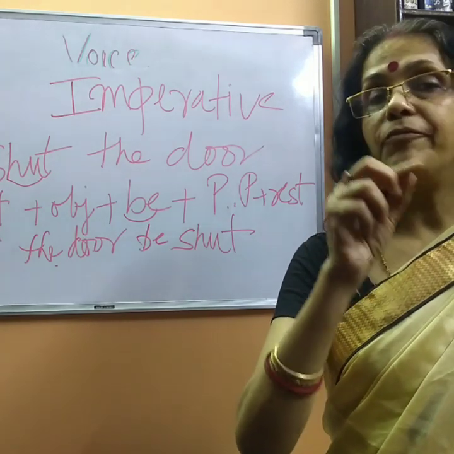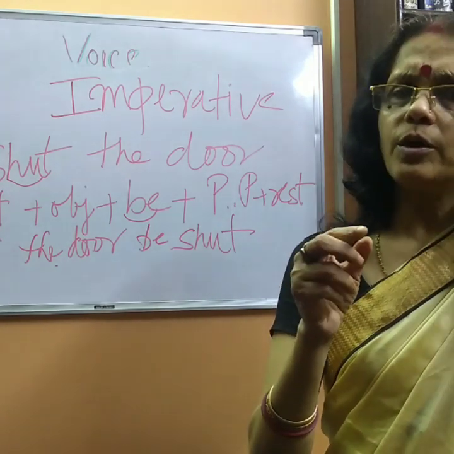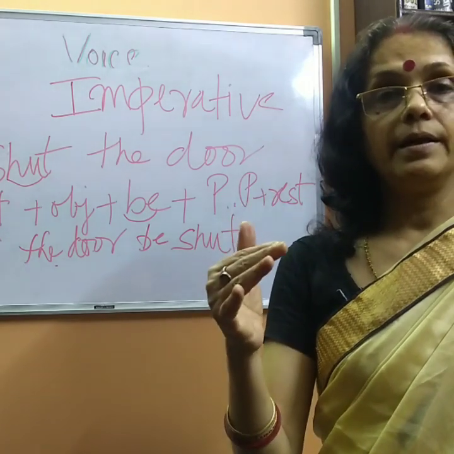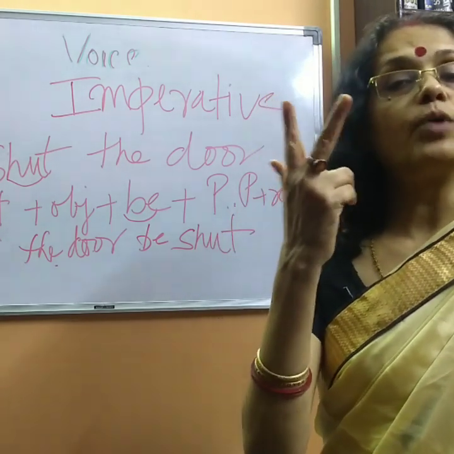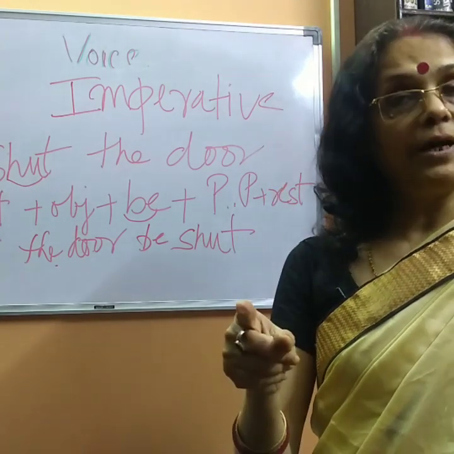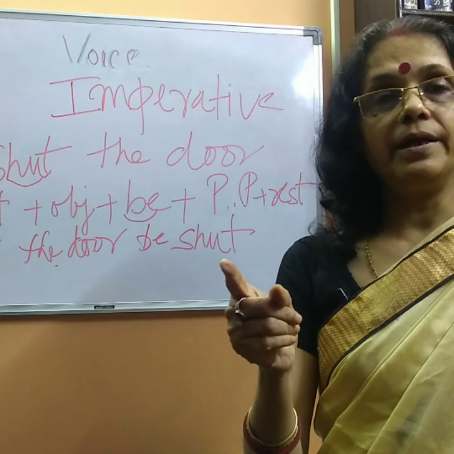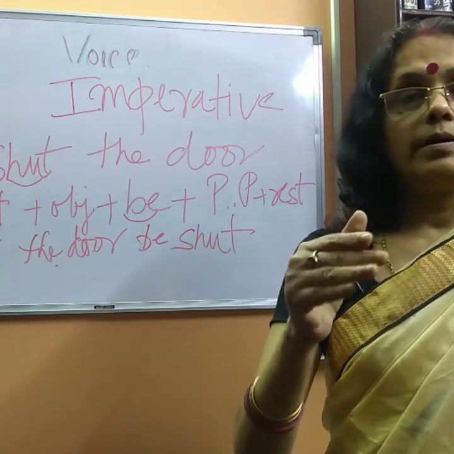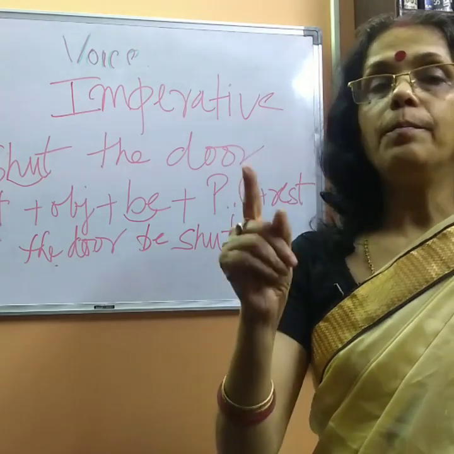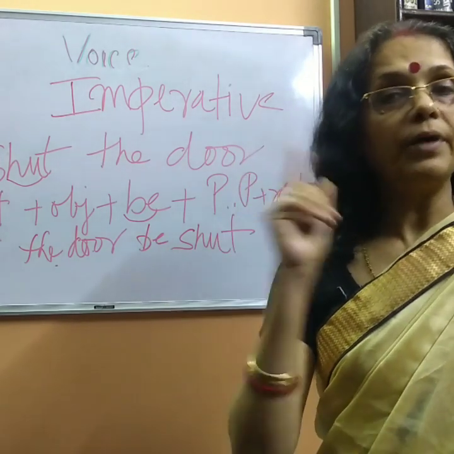So like my father gave me, it's not always a pronoun, it can be another noun also. My father gave me a pen. Here there are two answers. A pen was given to me by my father on my birthday, or I was given a pen on my birthday by my father.